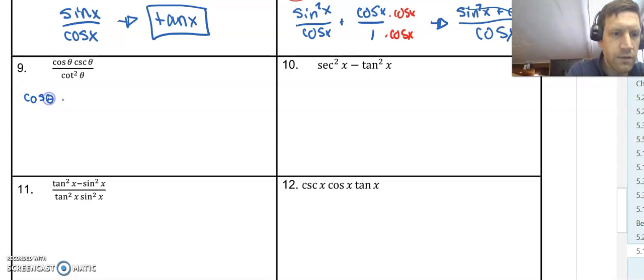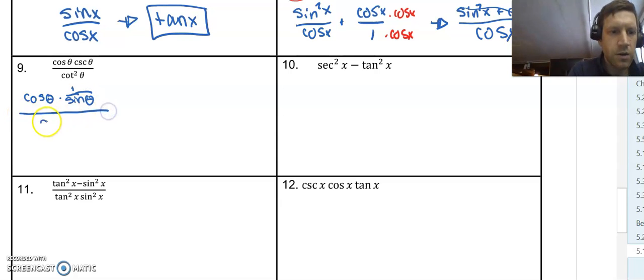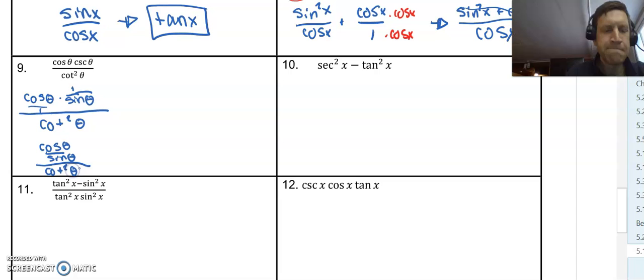So I have cosine of theta times cosecant, which is really 1 over sine of theta, all over cotangent squared of theta. Cosine times 1 over sine, that's really cosine over sine over cotangent squared of theta.